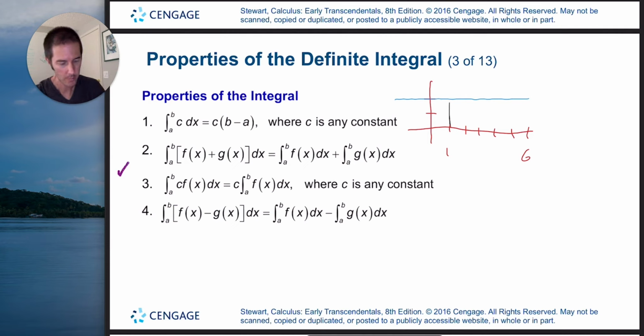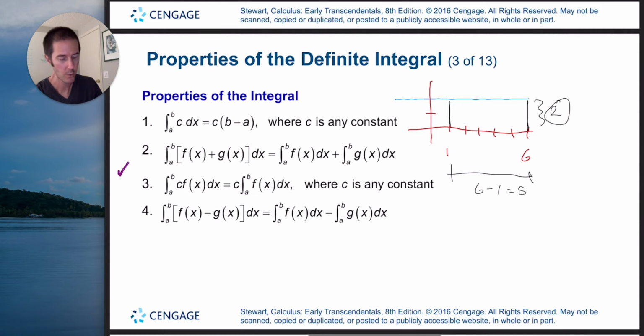From 1 to 6, it's a rectangle. How wide is the rectangle? Well, it's 5, of course. How'd you get that? Well, it's 6 minus 1. And how tall is it? Well, if the blue line that I drew is actually y equals 2, then it has a height of 2.